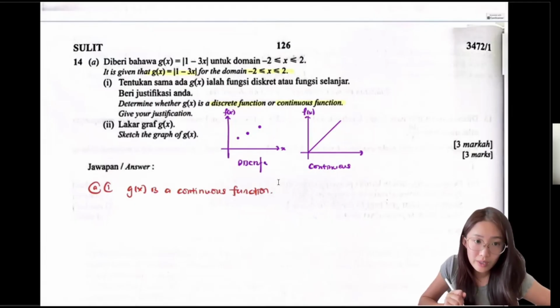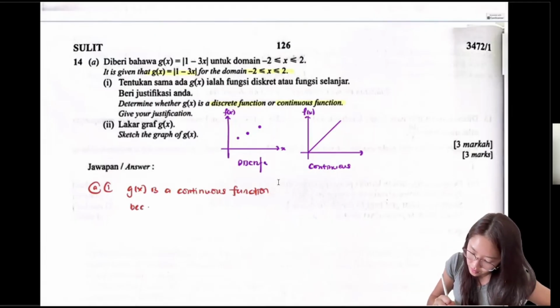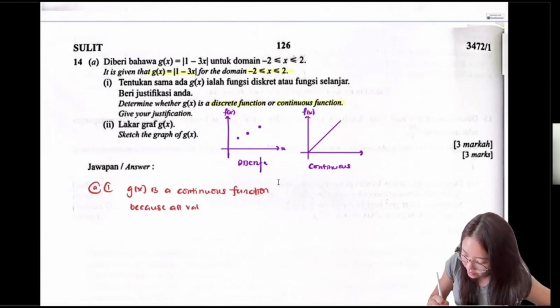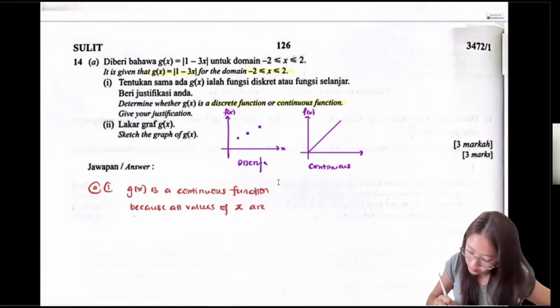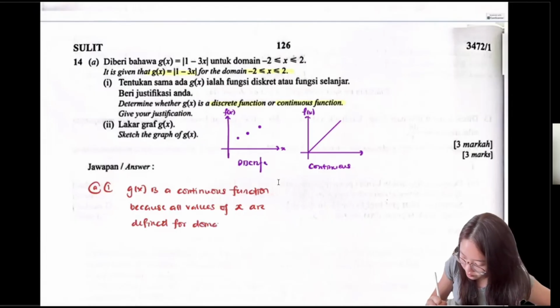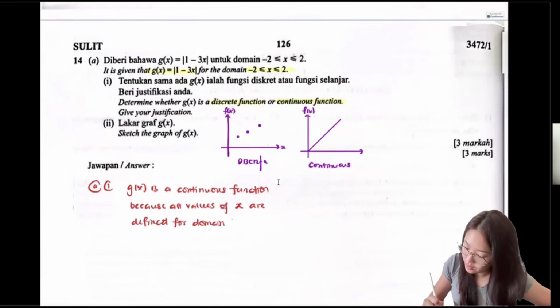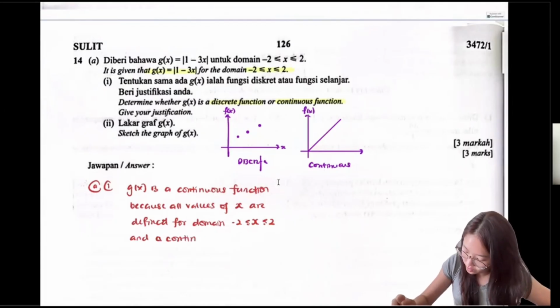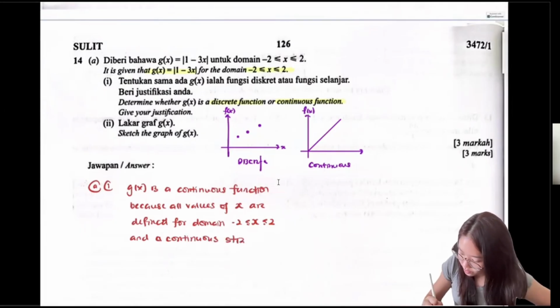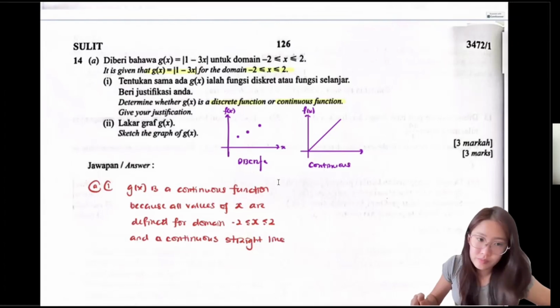Of course, you have to tell them why, because all values of x are defined for the domain in between negative 2 to 2 and a continuous straight line will be drawn.